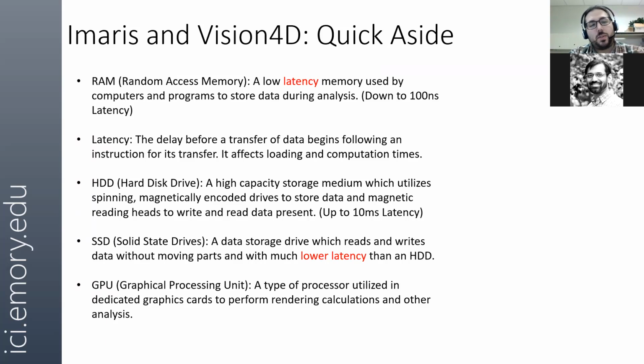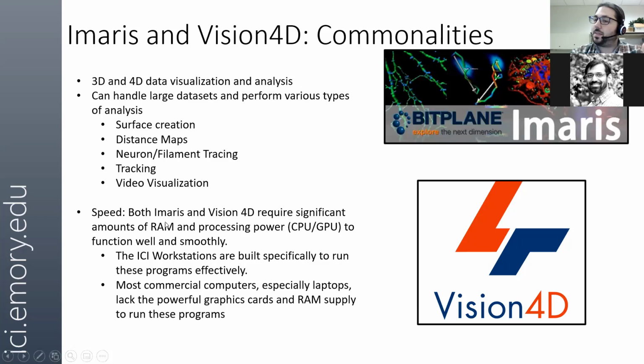So that question is important because it means that if you were running one of these pieces of software on a computer that didn't have the components to run it effectively, you'd get slowdowns, and it would take a while to analyze, to create the surfaces, to create all of those things that you're interested in doing and analyzing. So with that being said, the ICI core has workstations that have been built specifically for these kinds of softwares.